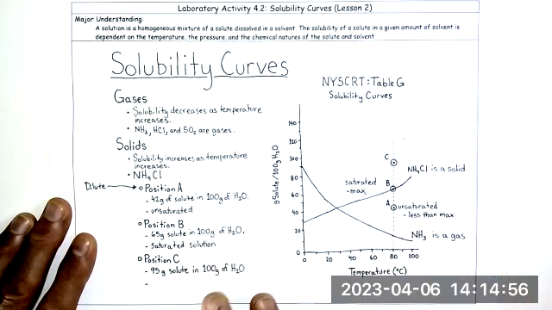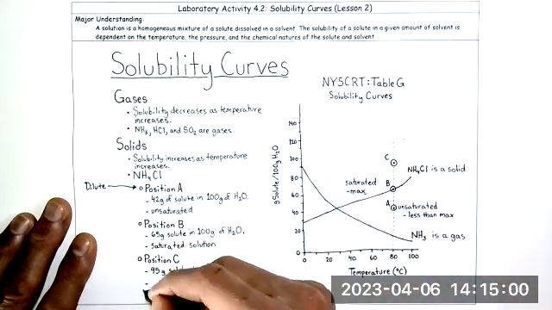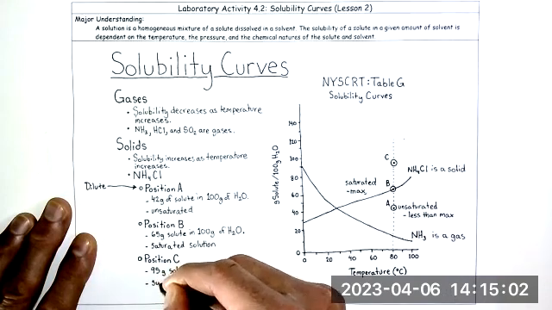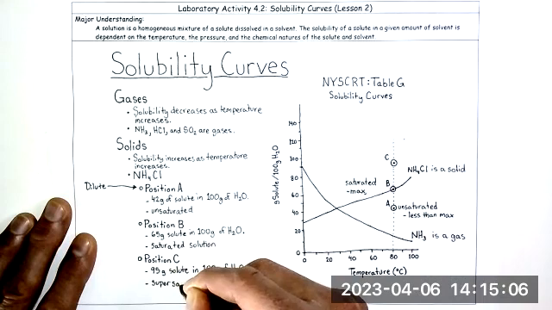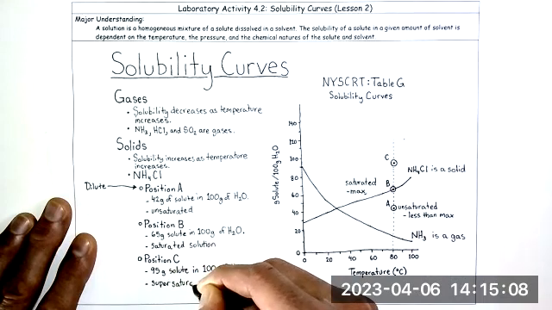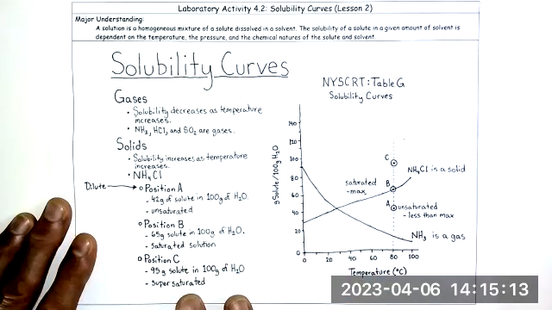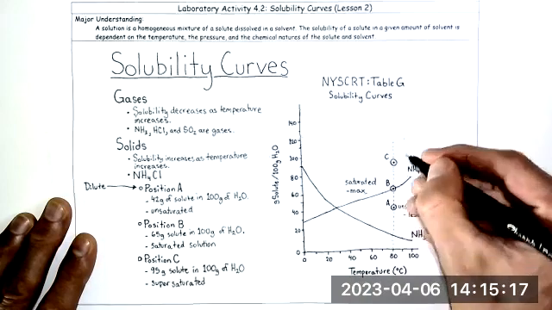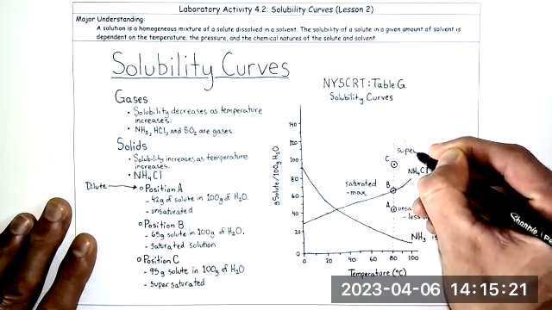Okay, and so because this point is above the curve, we would say that this is a supersaturated solution. Okay, so this solution would be supersaturated. So at point C, we have a supersaturated solution.